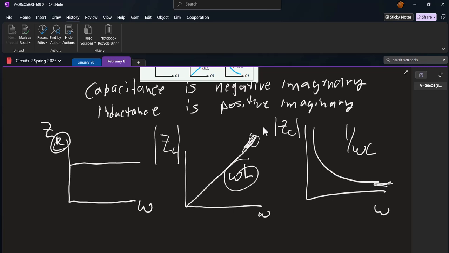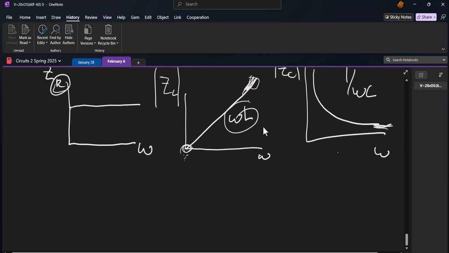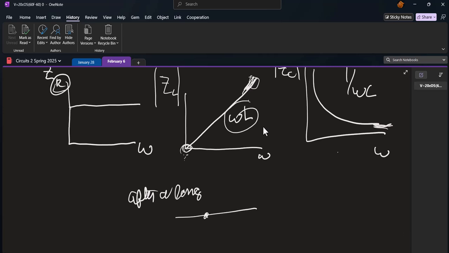And then it's vice versa for low frequencies. So for low frequencies, the inductor is going to act as a short circuit because there's no impedance there, but the capacitor is going to act as an open circuit for low frequencies, which makes sense if you remember when you learned that after a long time, an inductor acted like a short circuit and a capacitor acted like an open circuit.